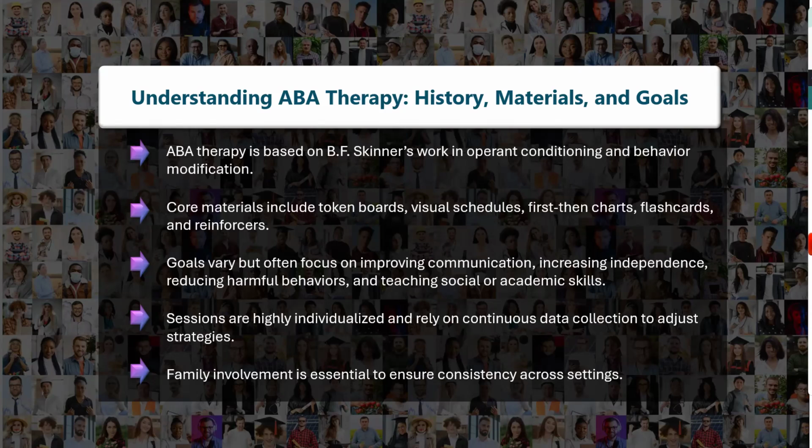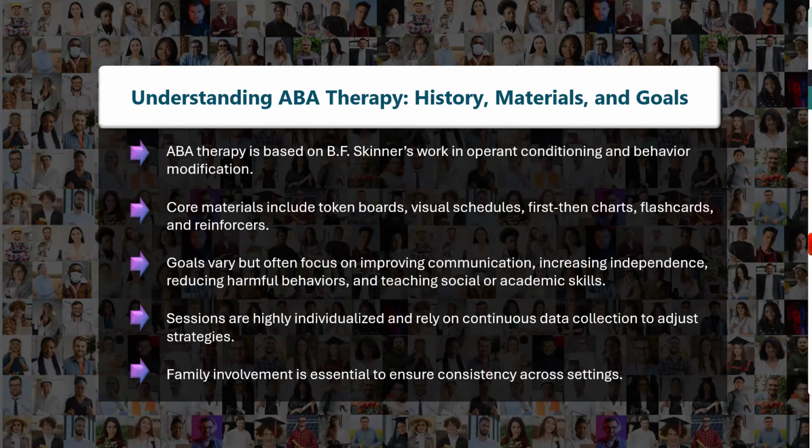Common goals include, 1, improving communication skills, for example, using gestures or words. 2, increasing attention and focus. 3, helping clients develop daily living skills such as getting dressed, hygiene, eating.